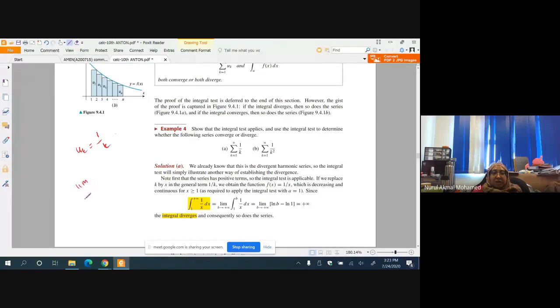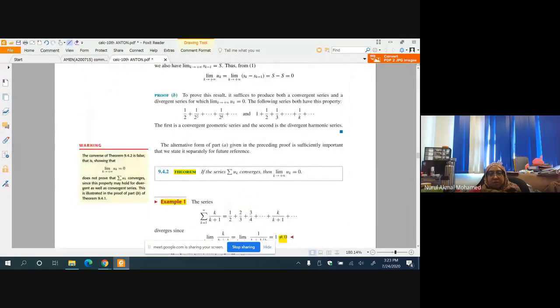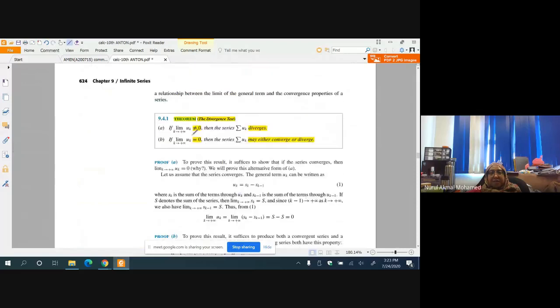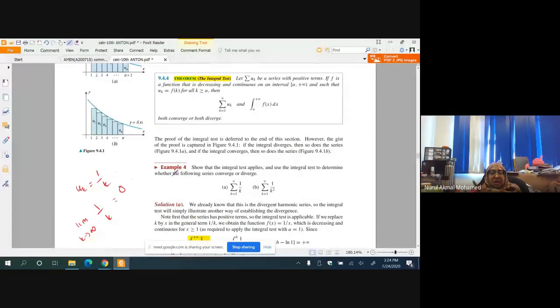The limit of u_k as k tends to infinity for 1 over k is 1 over infinity, which gives you 0. For the divergence test, if it is 0, it may either converge or diverge, so there is no conclusion. That's why the divergence test cannot be applied here.